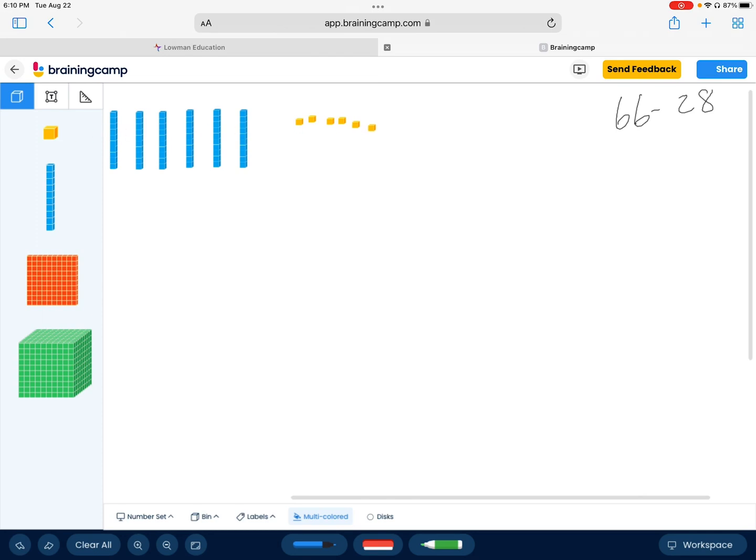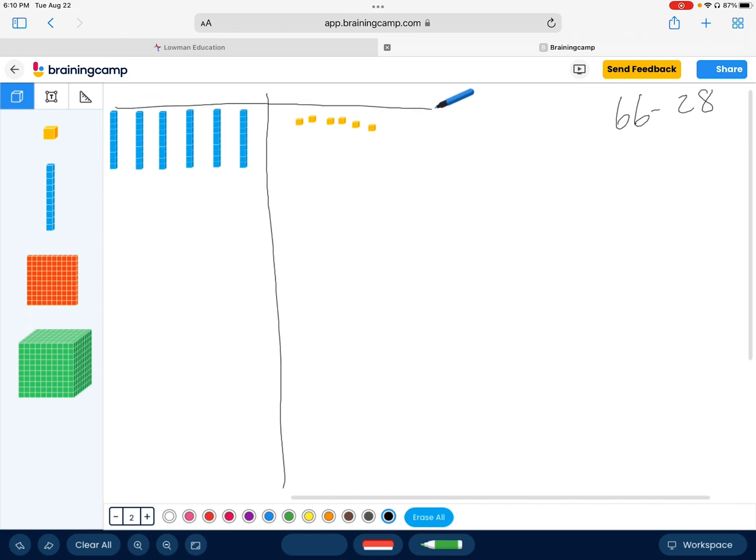Okay, I've represented the number 66 with base 10 blocks, and what I'm going to do is just divide this into a place value chart and label it. From this 66, we need to take away 28 things.